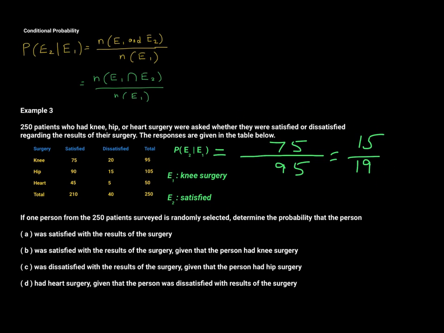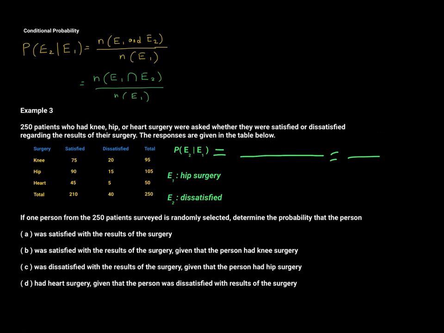I'm going to make E sub 1 my given, which in part C is that the person had hip surgery. So let me change this word to hip. And then the second event is going to be dissatisfied.